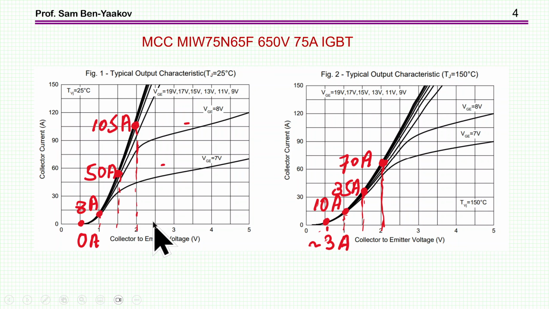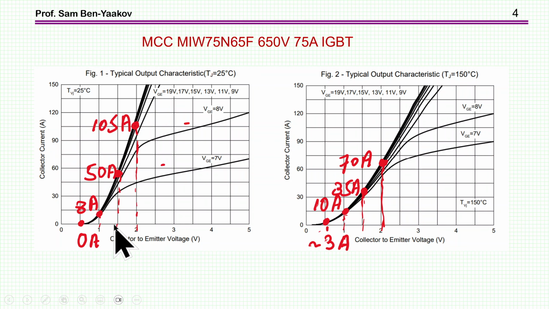At 0.5 volt, I have almost zero current here, and here it's already 3 amp at 150 centigrade. Now at 1 volt, it's 8 amp, and here it's 10 amp. So in this case, the current at 150 centigrade is higher than the current at 25 degrees.